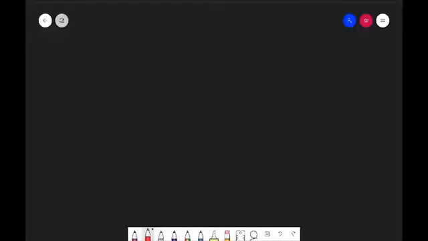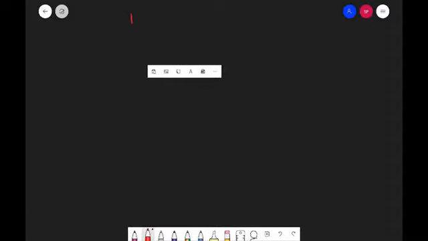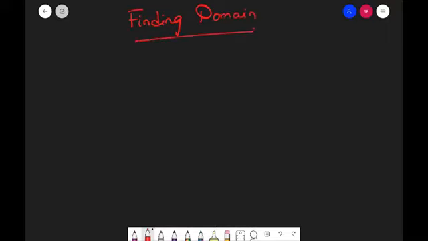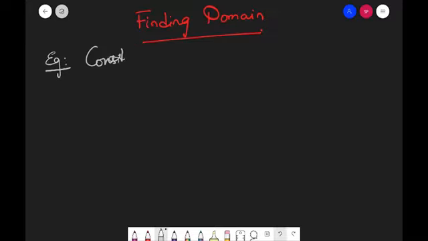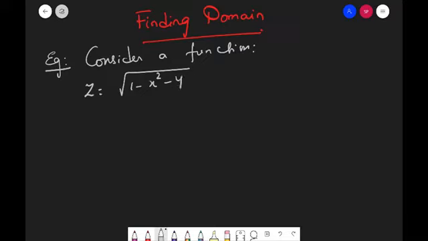After defining the domain and the range of a function, now let us look at a few examples of finding the domain of a function of two variables. For this I'll take the first example. Consider a function z equal to square root of 1 minus x square minus y square.